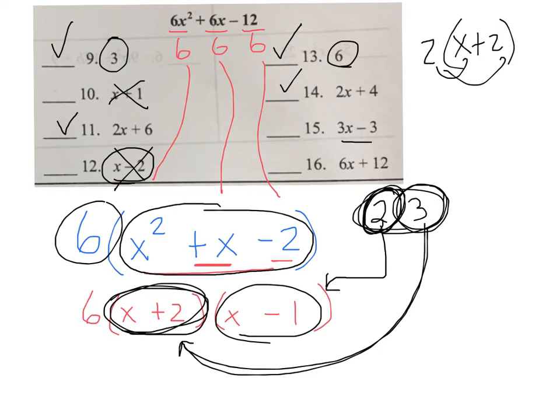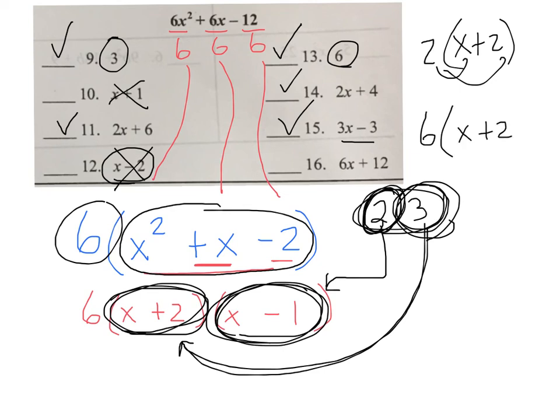What about 3x minus 3? It is, because you can take x minus 1 and distribute 3 into it, and you get 3x minus 3. What about 6x plus 12? Yes, because you got 6 as a factor, and x plus 2 is a factor. If you distribute the 6, you get 6x plus 12, so it is also a factor.